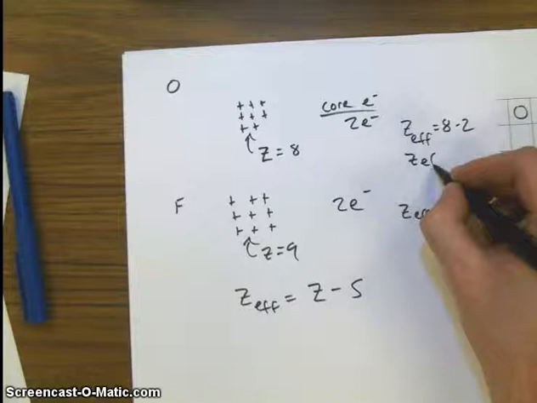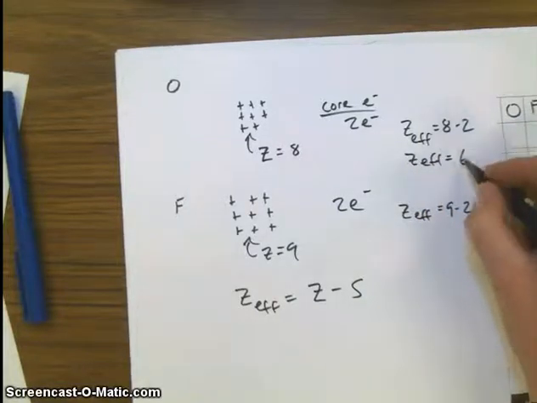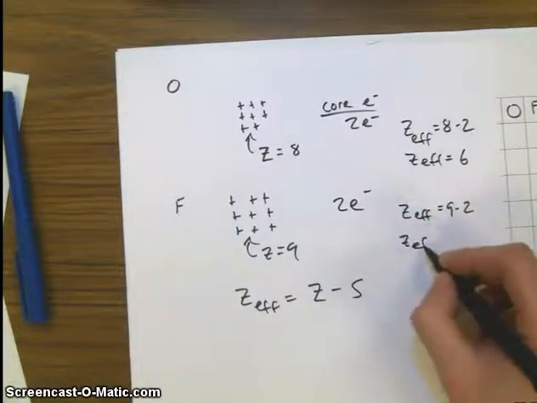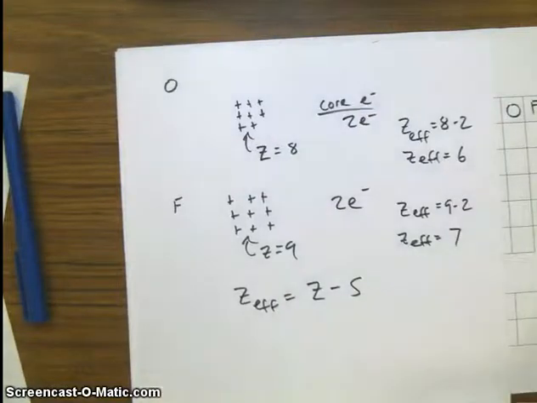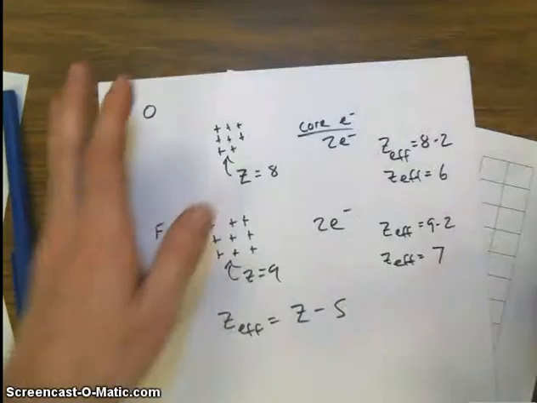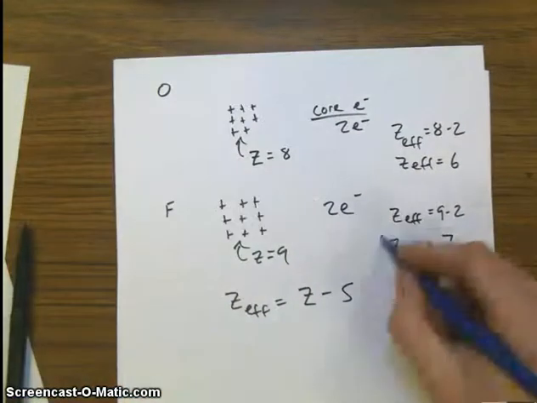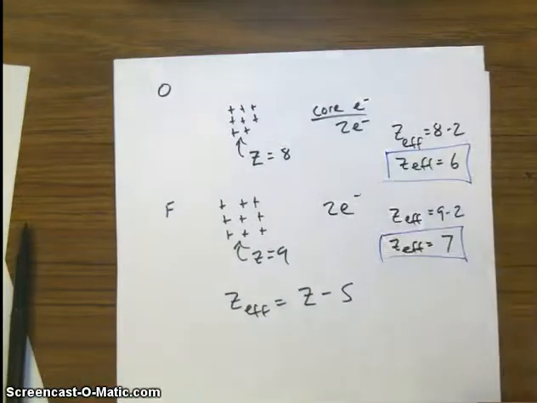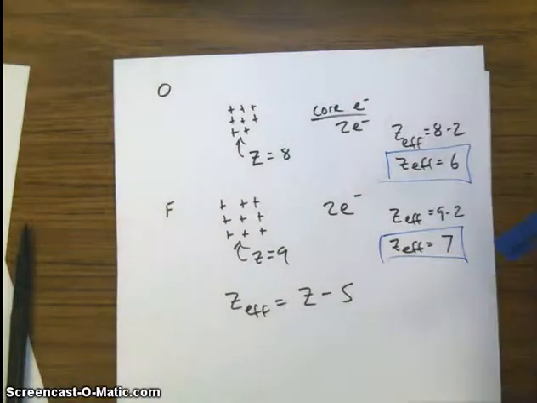So the effective nuclear charge for oxygen is actually lower, and for fluorine it's higher. Because fluorine has a higher effective nuclear charge, it has more positive forces pulling those electrons in, and because of that, those electrons are harder to remove.